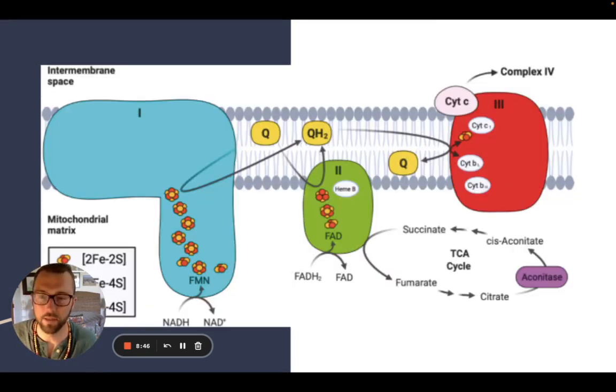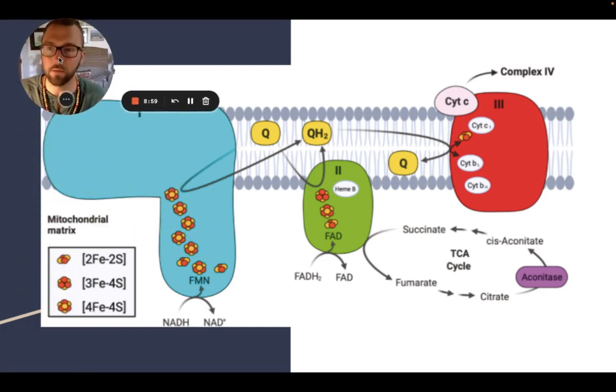Now, this is just a diagram showing you visually how iron is supposed to be used in the cell. I do not expect anyone, including myself, to completely understand the ins and outs of how the electron transport chain works in cellular respiration.